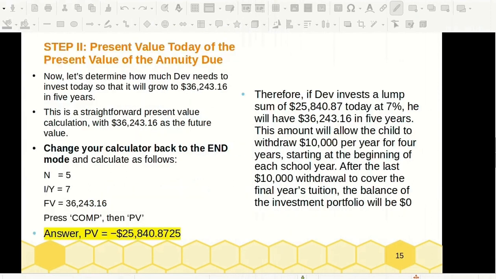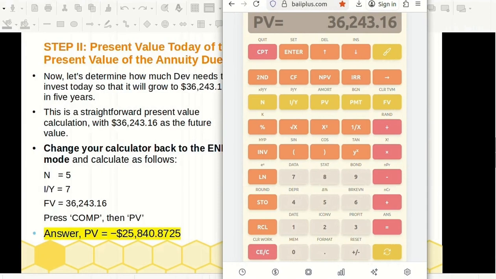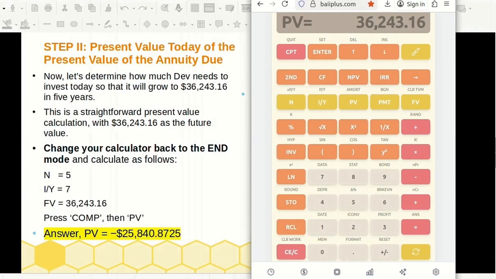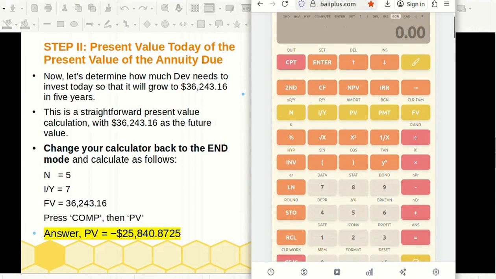Now, let's jump to step 2. Let's determine how much Dave needs to invest today. That's in 2025, so that it will grow to $36,243.16 in 2030. This is a straightforward present value calculation.